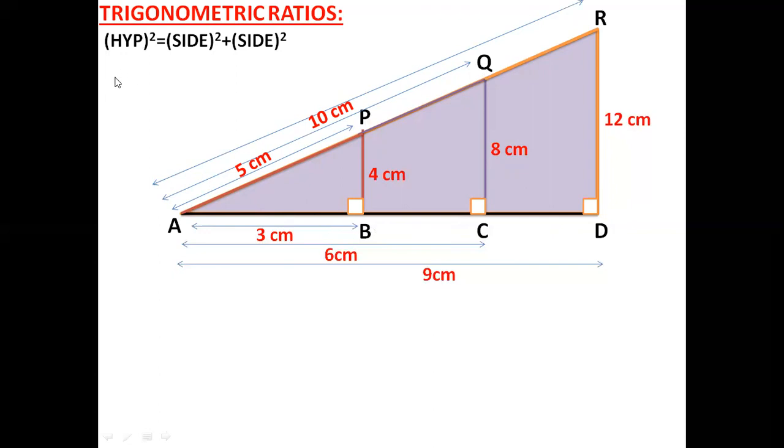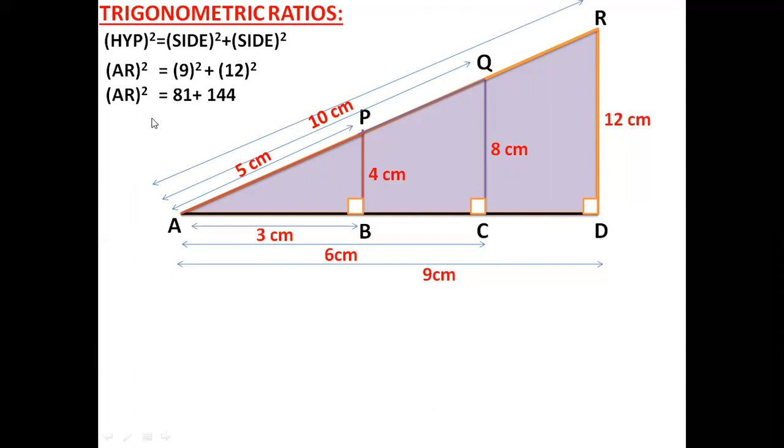So you have to write AR square is equal to 9 square plus 12 square. Here 9 square means 9 into 9, 81. 12 square means 12 into 12, 144. So 81 plus 144 is equal to 225.